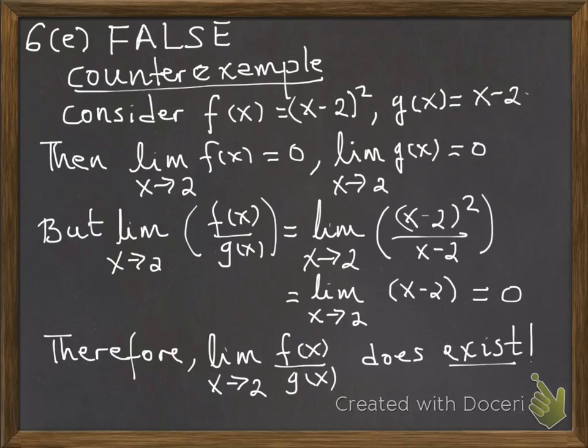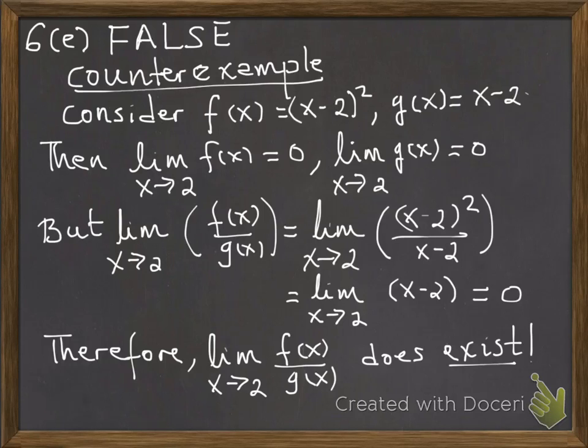And in number 6, also, if you know the limit of f of x as x approaches 2 and the limit of g of x as x approaches 2 both go to 0, can you conclude that the limit of f over g as x approaches 2 does not exist? Not necessarily. It may exist. For example, take f of x equal to (x minus 2) squared and g of x equal to x minus 2.